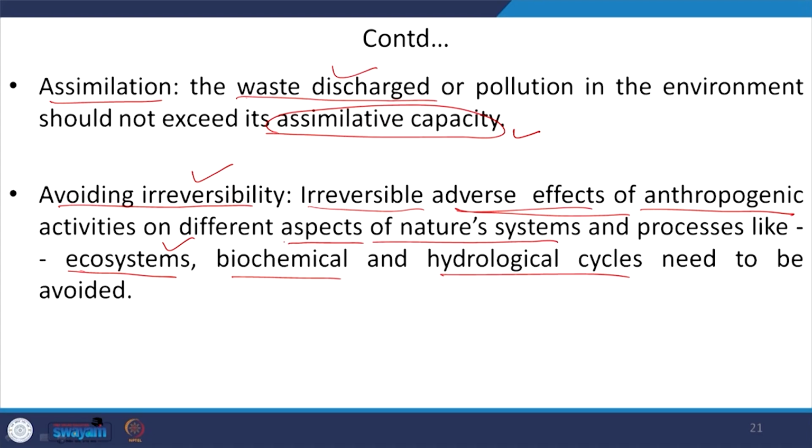So, if the anthropogenic activities are adversely impacting these systems or these processes and cycles, however, they can be reversed back. It can be turned into the original state. Then even although these activities are impacting, still this change on these systems can be revived or attained to its original state.